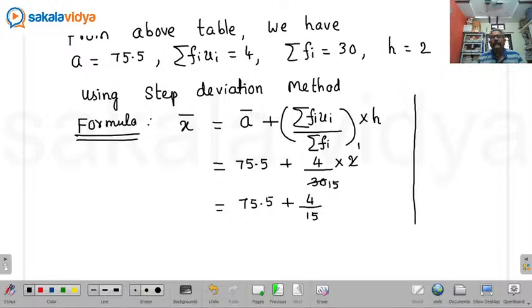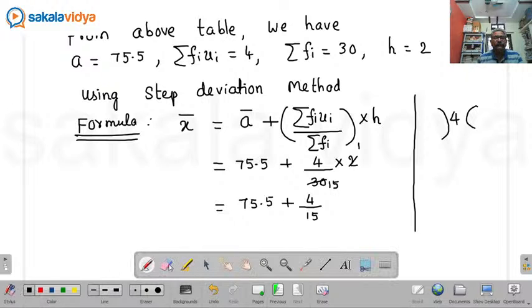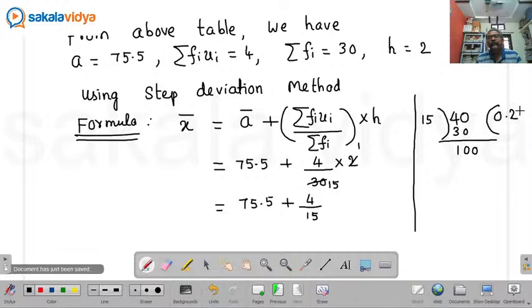That means we need to divide 4 by 15. 15 won't go into 4, so 0.0, then 15 twos are 30, and we get 10. 15 sixes are 90, and 10 continues.